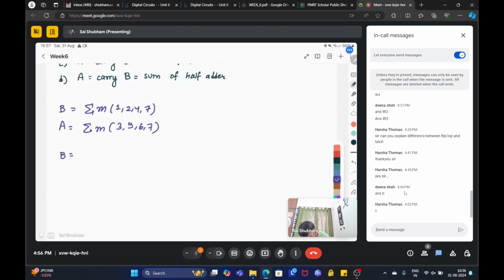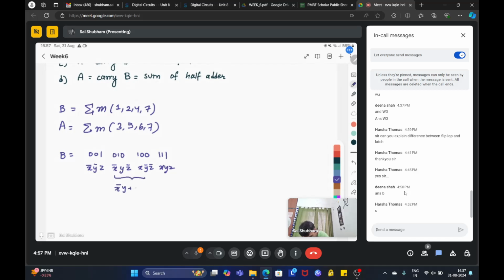Let's look at B. This is 001, 010, 100, 111, which is x bar y bar z, x bar y z bar, x y bar z bar, x y z. Now I think we can club this together.